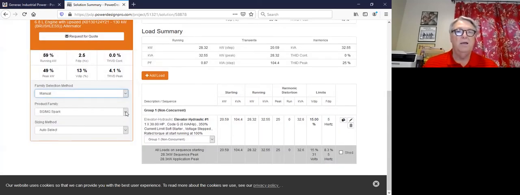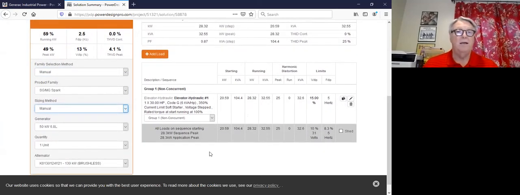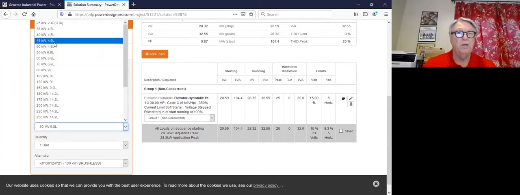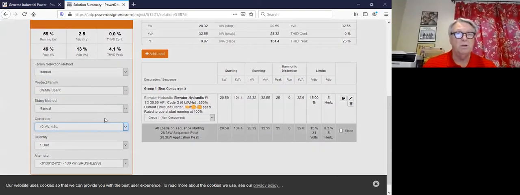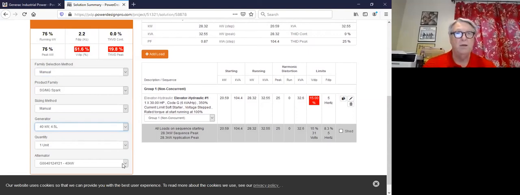Now, when I'm over here, after I've done the automatic analysis, I generally like to go to manual, and I'm going to do the manual select. And you'll notice in manual, I have the ability to just put in any generator I want. So in this case, just for fun, let's put in a 40 kilowatt generator, because I think that's plenty big. And notice, whoa, now I have a 50% voltage dip. And notice the red comes out. Well, that didn't work.